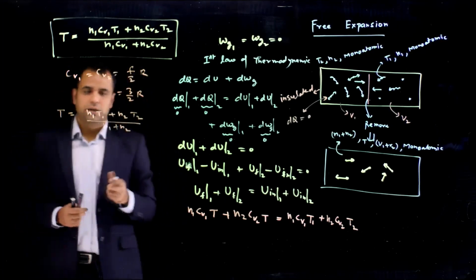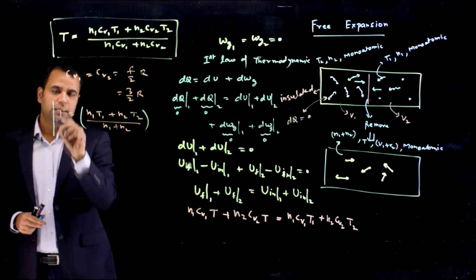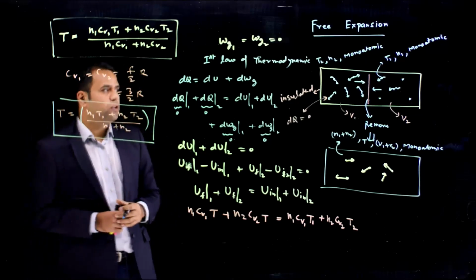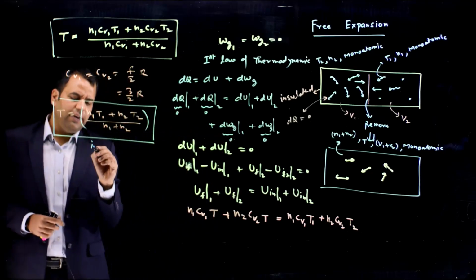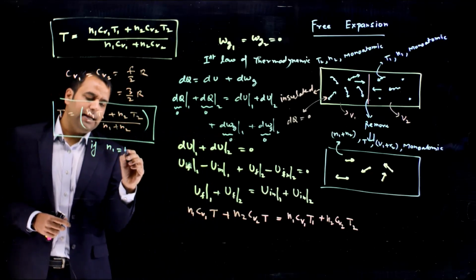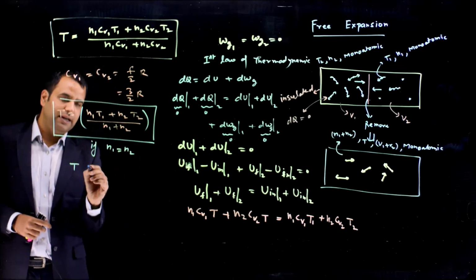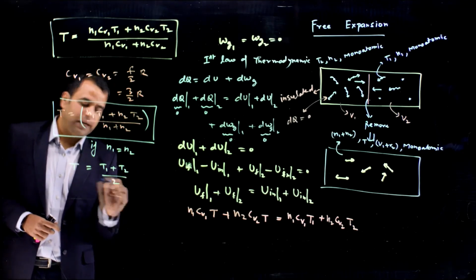This becomes our final temperature. By putting the values of N1 and N2, we can get the final temperature. For example, if N1 and N2 are the same, the final temperature T will be equal to T1 plus T2 by 2.